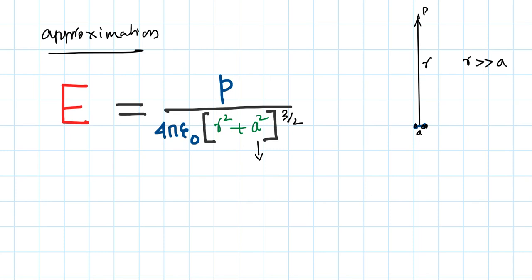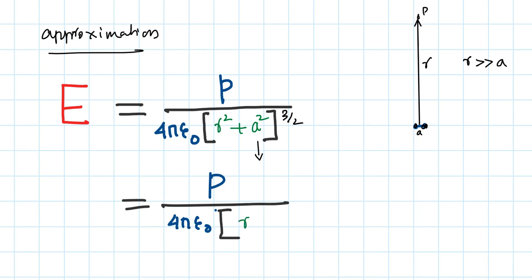this same expression which involves all the terms in the numerator, like there will be P, and there will be 4 pi epsilon 0. So what is gone is the a, and you remain with R square, the whole raised to 3 by 2.